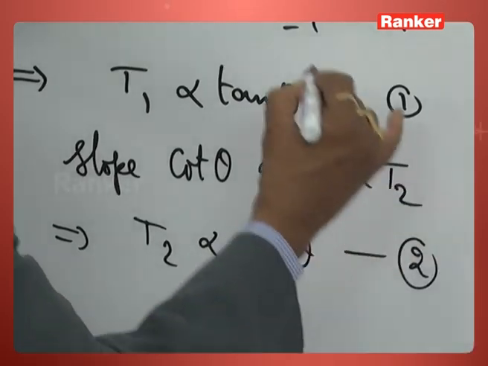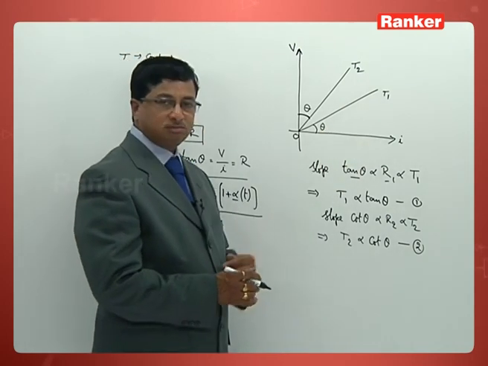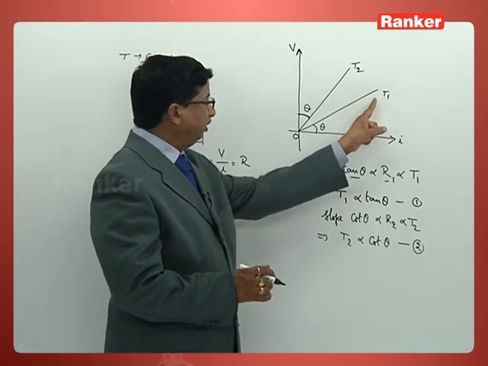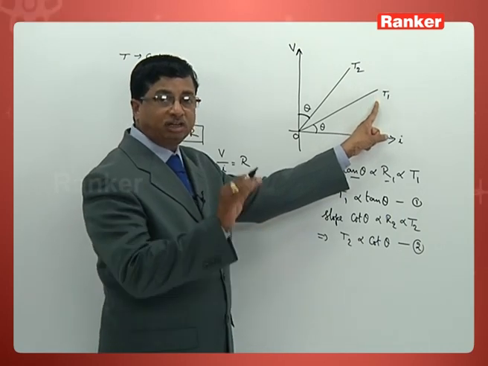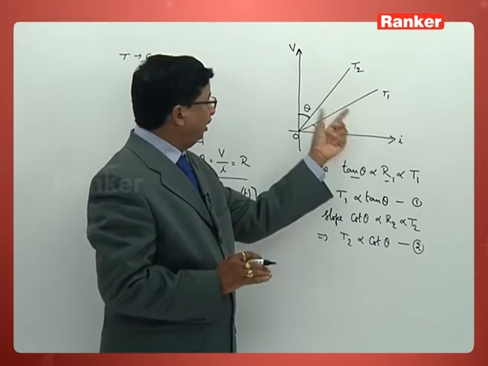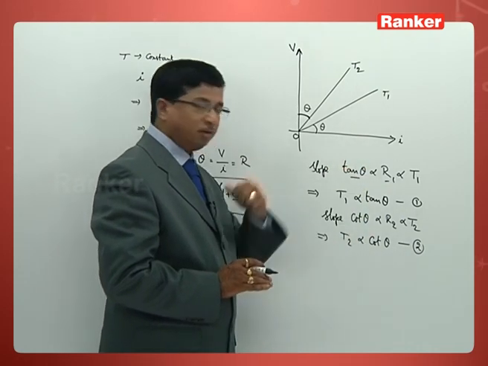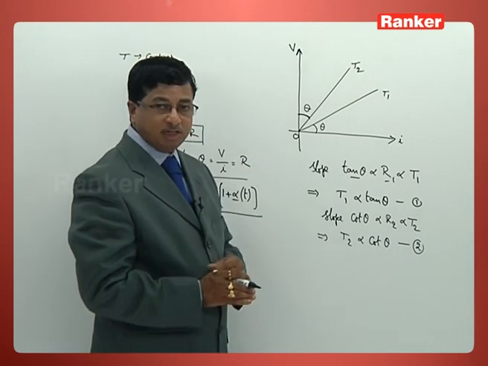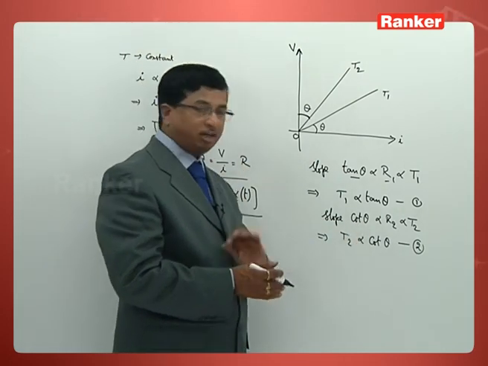That is my second equation. So at T1 Kelvin or degree centigrade, whatever you talk about, resistance is proportional to tan theta. At T2 temperature, resistance is proportional to cot theta.